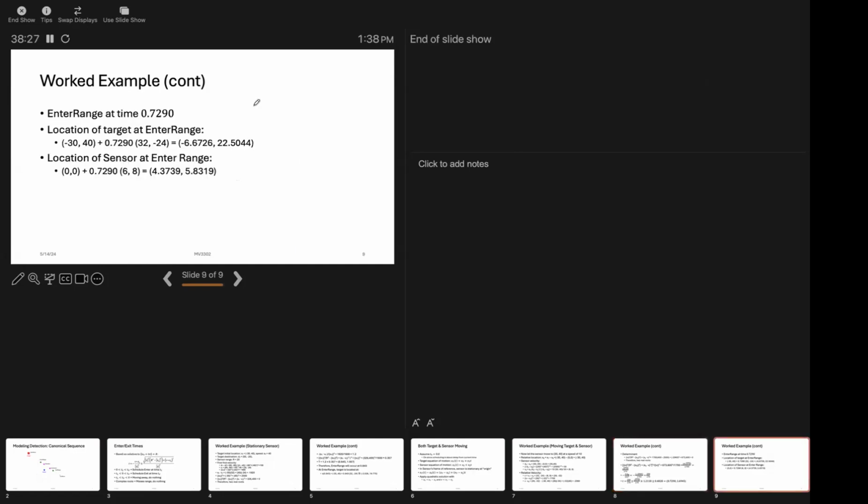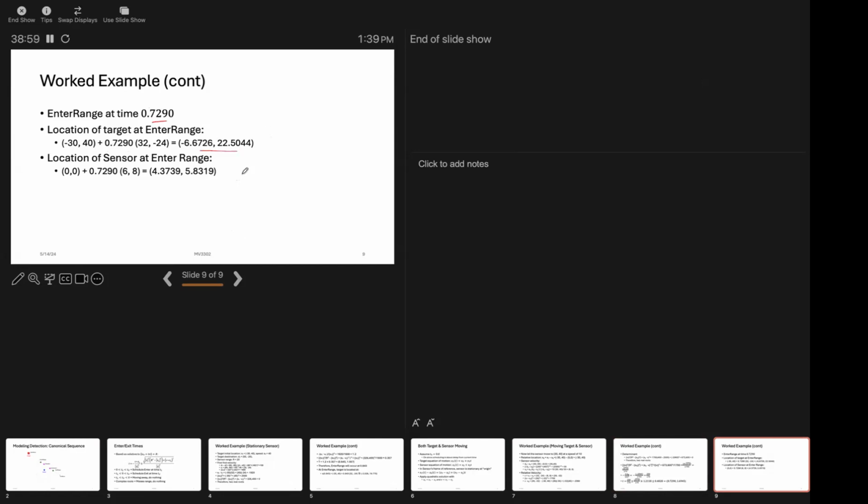And so kind of where are they? Just looking at the enter range, you have to keep your finger on your place. If we ask where the target is at the enter range, we have to back off from the relative equations and go back to the original equation for the target. Just plug in the time, and it turns out to be this.